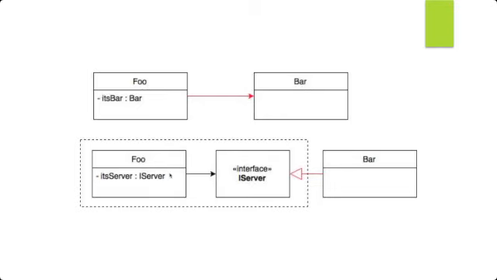It should be in the same module, in the same folder, maybe even in the same file. Because if we do not connect these two elements, we will not reverse our dependency. So it's important that this interface is near class foo. I hope it's clear.